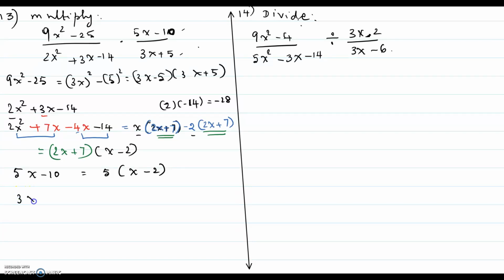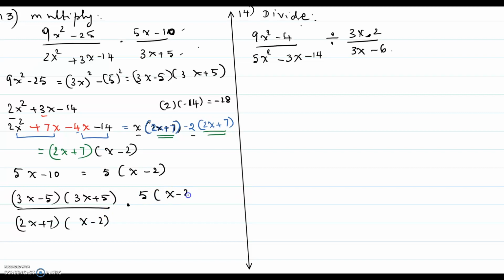We get (3x − 5)(3x + 5) on top, divided by (2x + 7)(x − 2), multiplied by 5(x − 2) over (3x + 5).